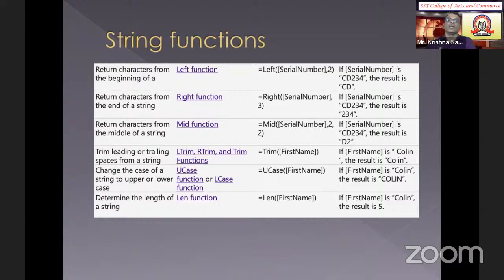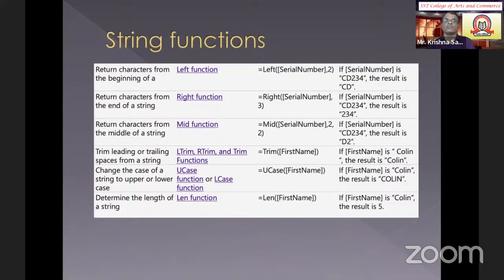So if I write equals LEFT serial number comma 2, see the example. If the serial number is CD234, and I have written serial number comma 2, it is going to give me two characters from the left, which are CD. Then there is the RIGHT function, which returns characters from the end of the string. LEFT gives from the beginning and RIGHT gives from the end.